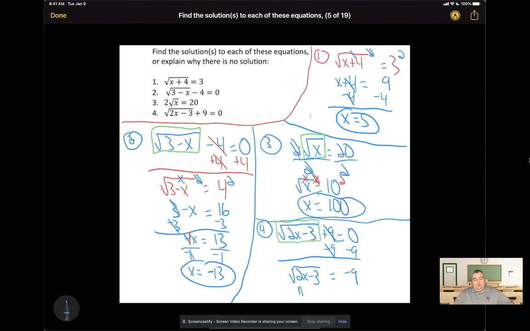So for number 4, we can stop right here and say definitively that it has no real number solution. That is an example of one that has no solution and what it looks like. That is it for this lesson.